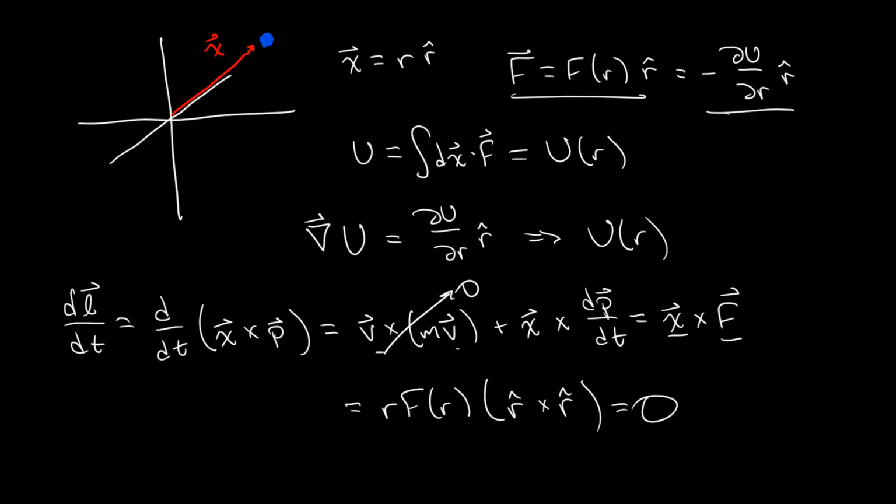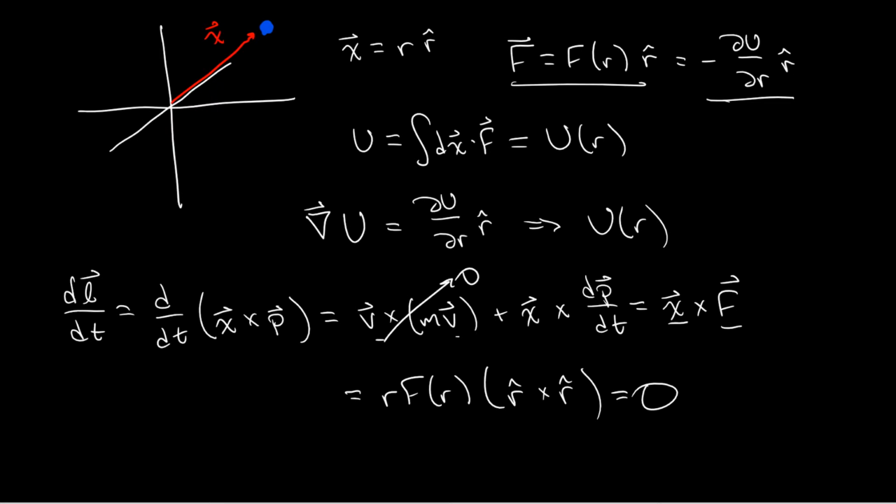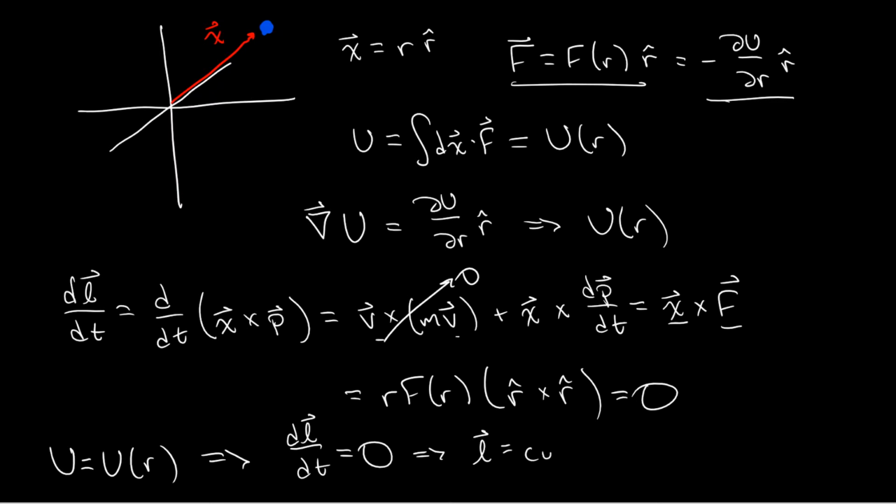So in this particular case, when I can write my potential energy as only a function of r, that automatically means that angular momentum is a constant. L equals constant. In other words, angular momentum has to be conserved.